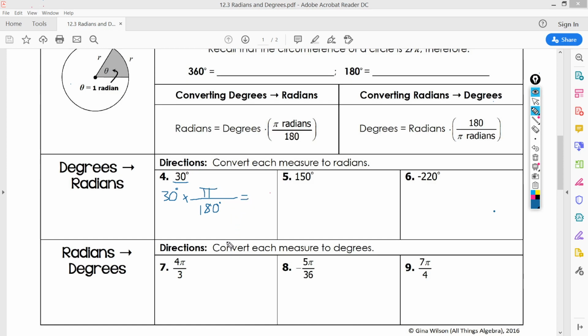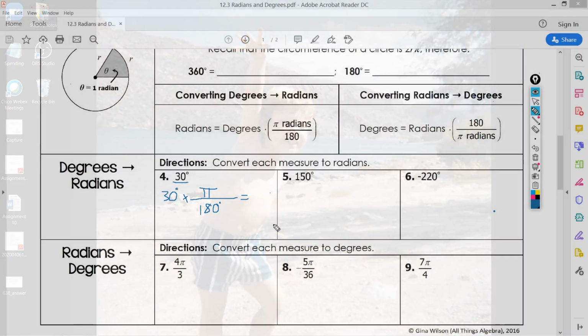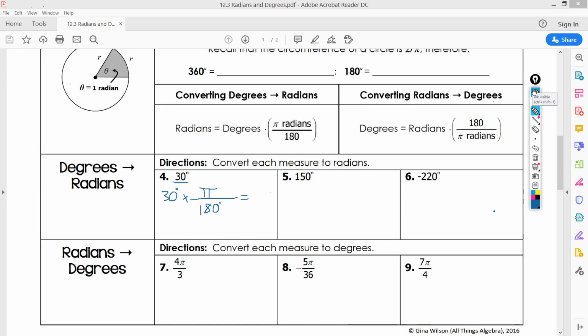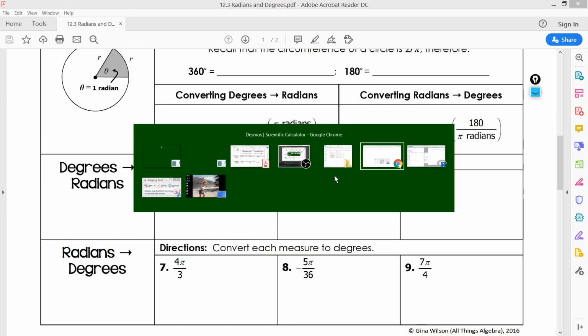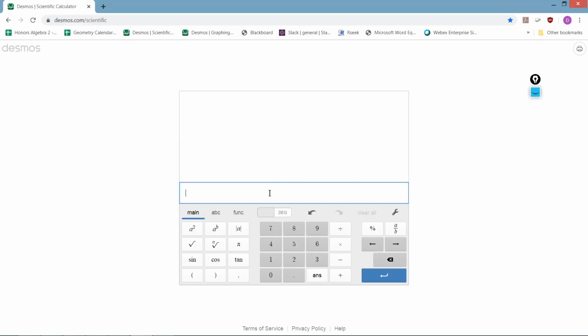And what you don't want to do is type 30 pi over 180 in a calculator. This is big bad. You should not tell me that it's 0.52 radians. That's not wrong, but the goal is for you to be able to give an answer that involves pi.